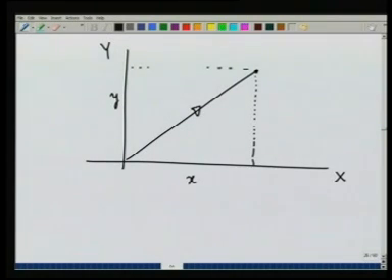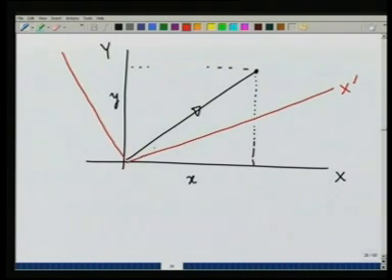I am looking at the same vector from another frame, and let me now use a different color, x prime and y prime frame, which is rotated with respect to the first frame by an angle theta.